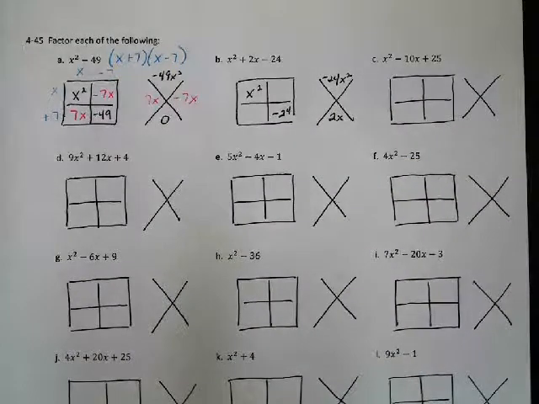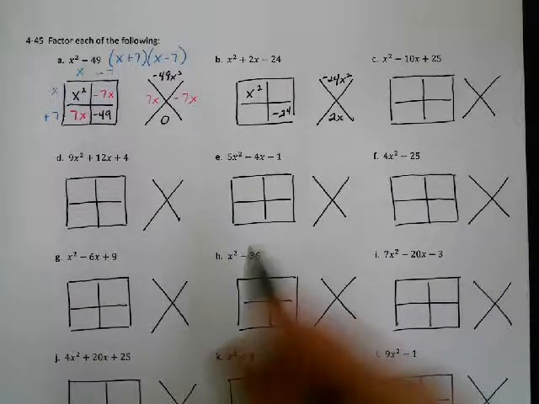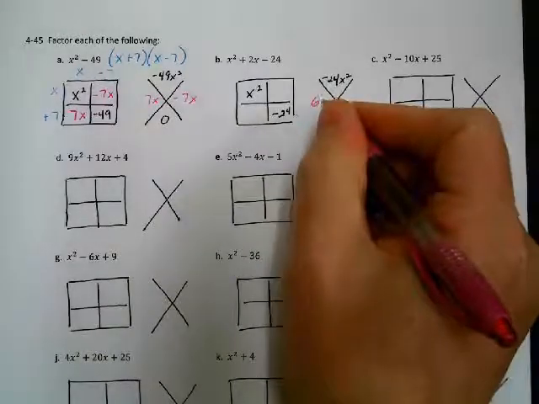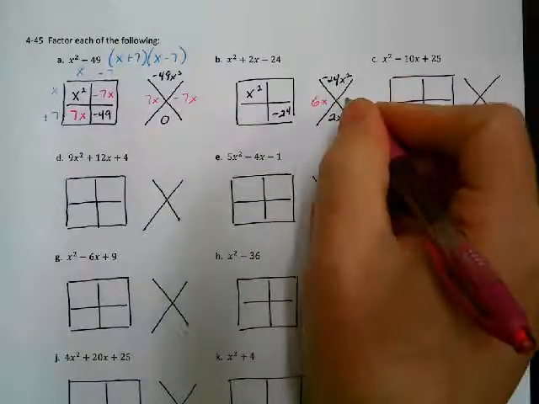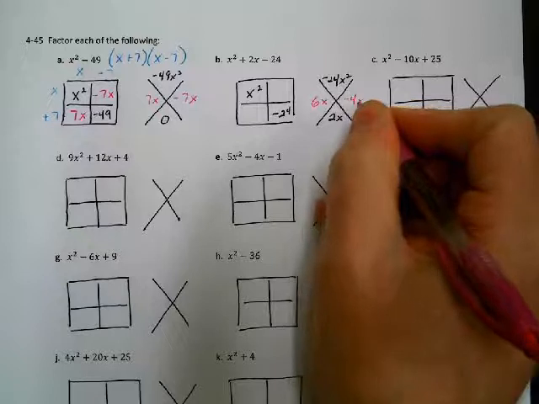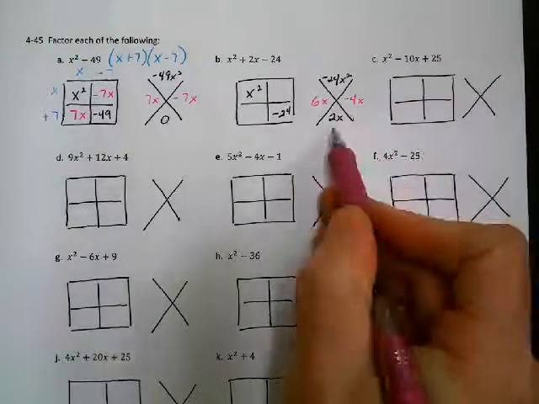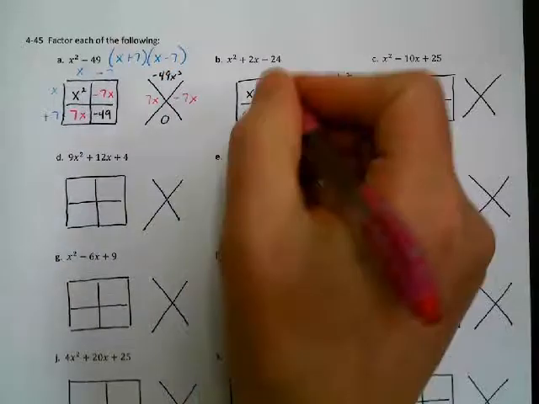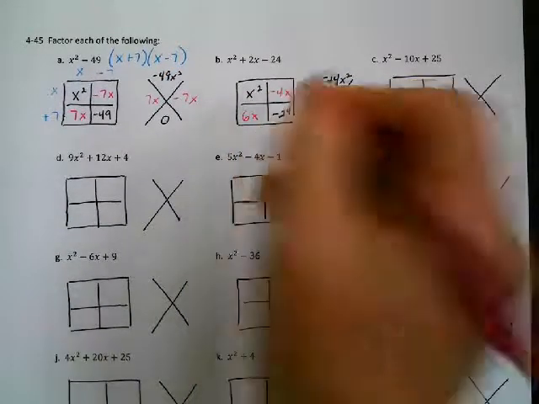So let's think of those numbers. 6 and 4, I think. So I think the 6 has to be positive, and the 4 has to be negative. So 6x minus 4x, that's 2x. Everything's working out. So I'm going to put them over here: 6x, negative 4x.